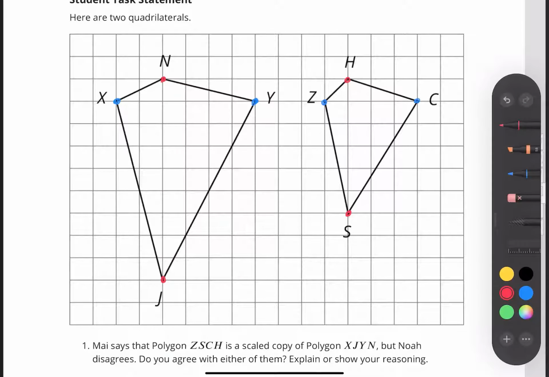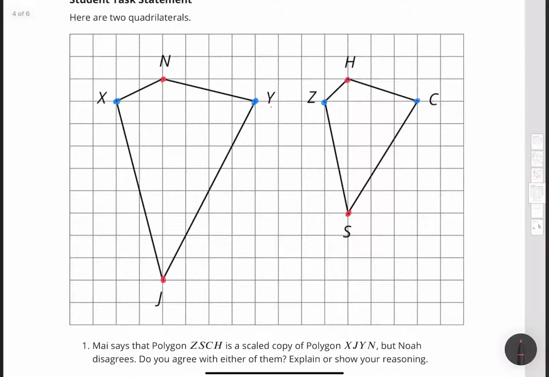From segments N to J, let's count. 1, 2, 3, 4, 5, 6, 7, 8. So there's 8 units between N and J. Now let's look at H to S, and this is 1, 2, 3, 4, 5, 6, and this is 6 units.